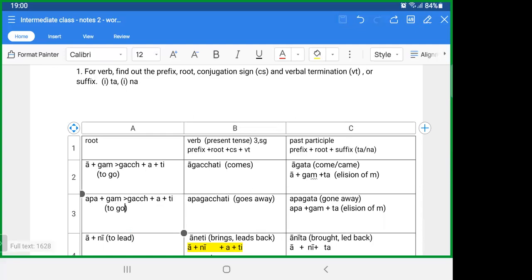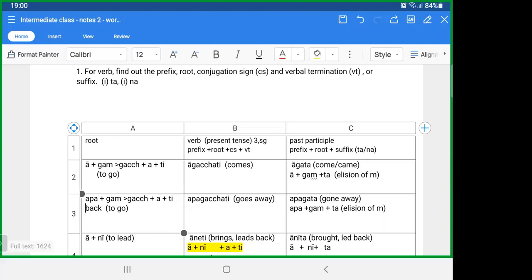For the root, we need to put bracket and put the word 'to'. If you want to put it back, you put it under the prefix, not under the root. Okay, good. Next one.